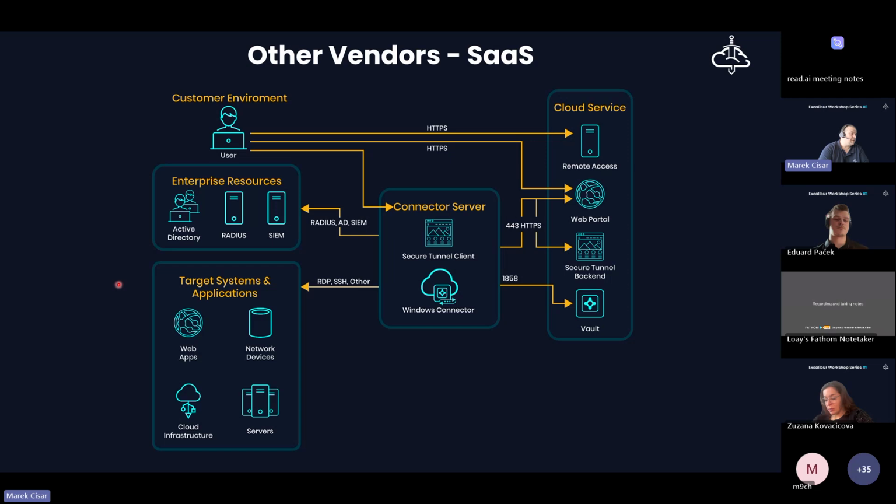On the left side, this is the local infrastructure of the client. In the middle, it's still local components of the SaaS solution, because you cannot allow all the necessary access on the firewall to access the systems and applications directly from the internet.